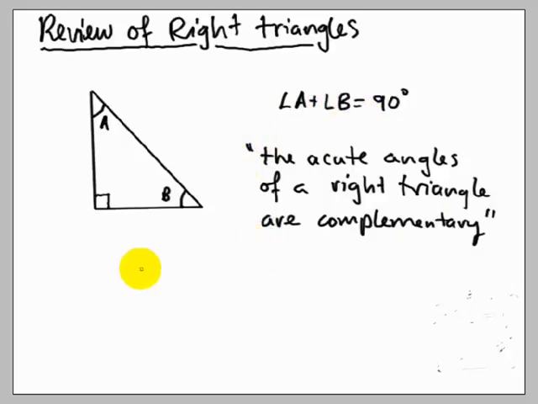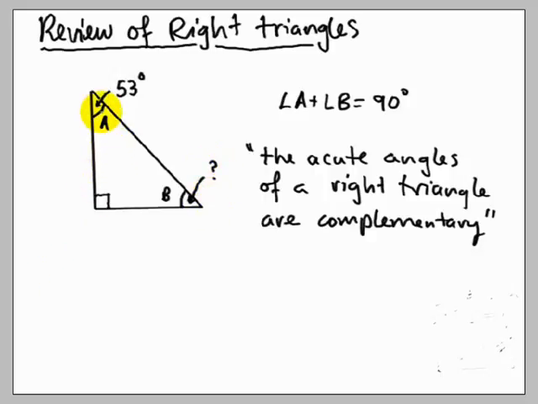Now, why do I talk about this? It's not really too important, but if you want to be fast sometimes, let's say this angle here, I tell you, is I don't know, maybe 53 degrees, okay? Then I could ask you, what is the value of this angle?